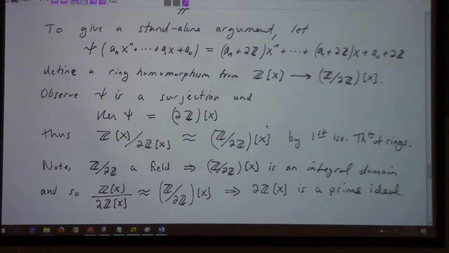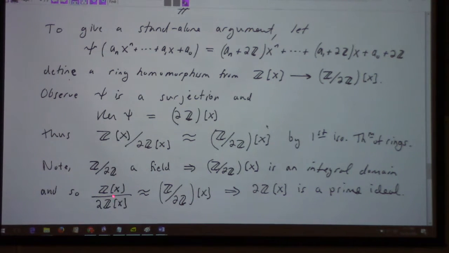Oh, here we go. This mod that is a field, right? That implies that this is an integral domain, because polynomials over a field form an integral domain.